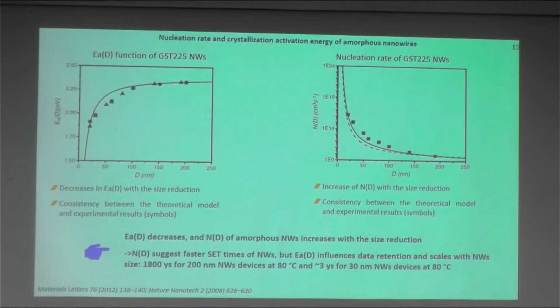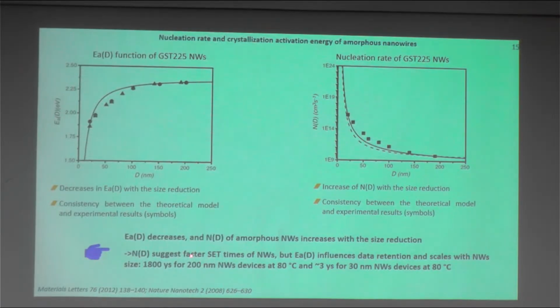So what we can learn from this, for example, from the nucleation rate, is that this indeed suggests faster set times for nanowires, and the activation energy suggests that it impacts the data retention and scales with nanowire size.